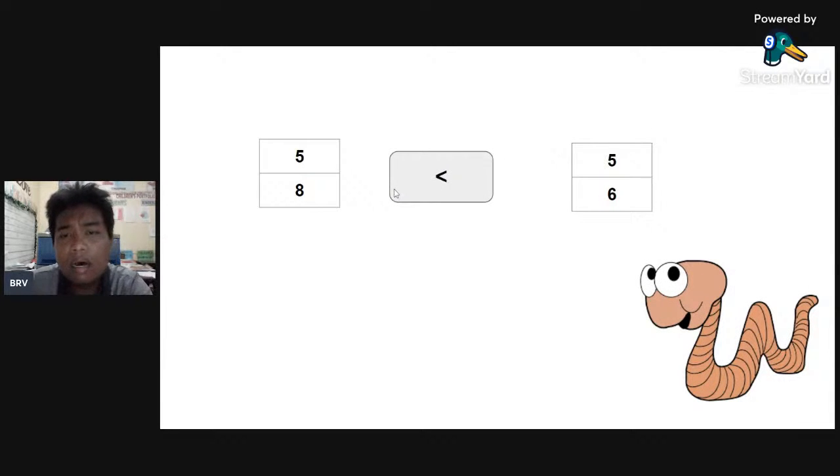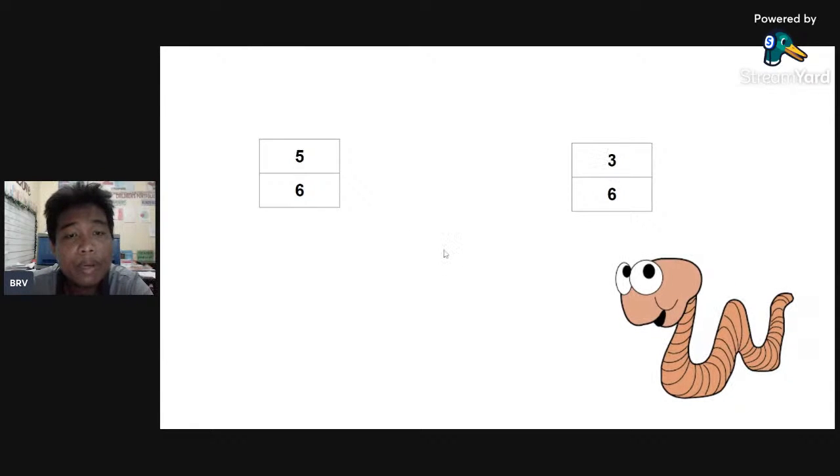So 5/8 compared to 5/6: they have the same numerators, but their denominators are not the same. If the denominator is big, it means the fraction is smaller. So the fraction with the smaller denominator is bigger.